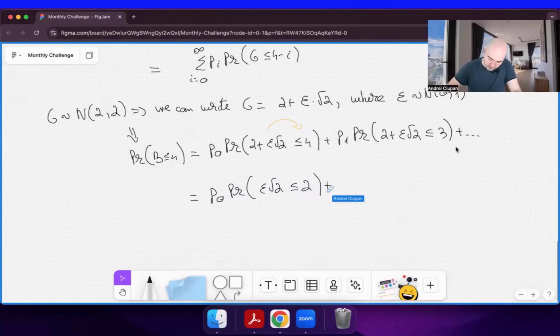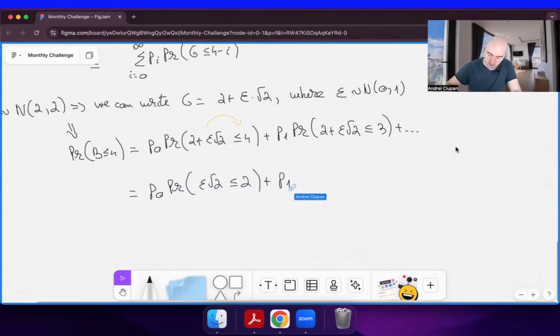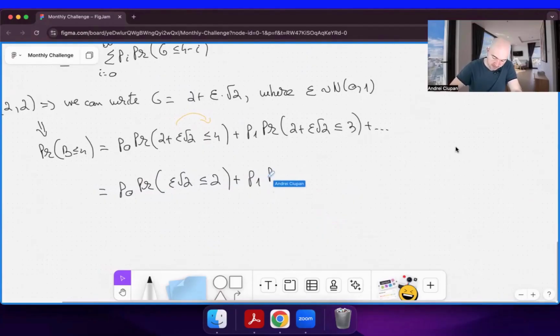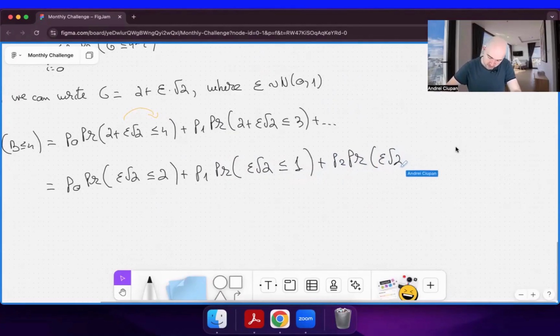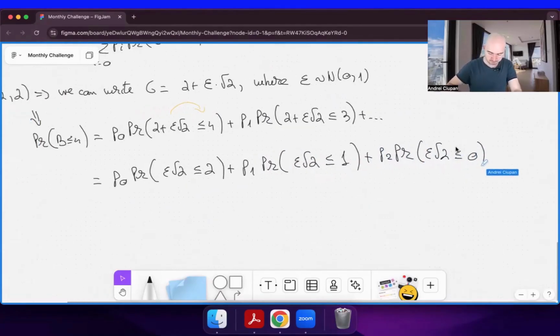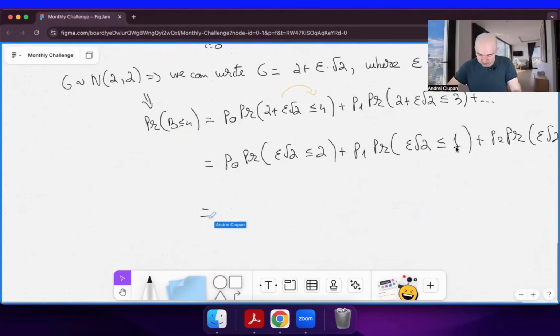Let's continue. 2 plus epsilon square root of 2 less than or equal to 3 in this other case is the same thing as saying epsilon square root of 2 less than or equal to 1. Then for P2, if the Poisson is equal to 2, we need 2 plus epsilon square root of 2 less than or equal to 2. That's the same thing as saying epsilon square root of 2 less than or equal to 0. Now let's write it specifically in terms of epsilon.